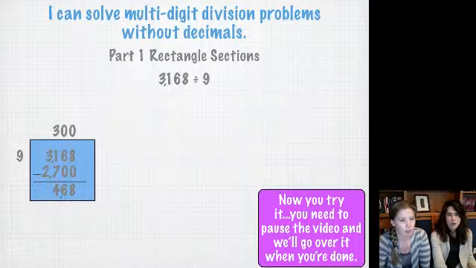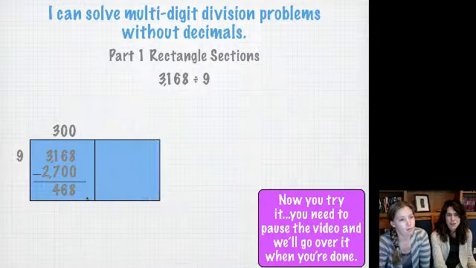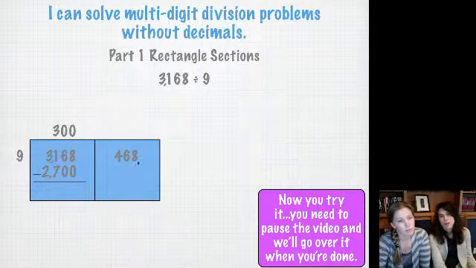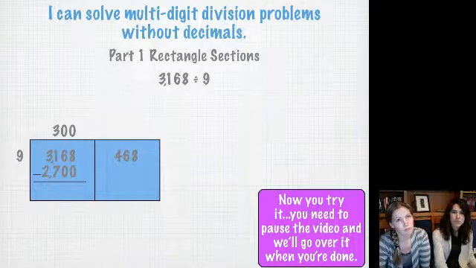Yep. So look here, 468 is the next little box that we're going to look at, and we just moved our subtraction answer here up to the next one. So now I'm going to think to myself, okay, well 9 times what will get me close to not 4 but 46.